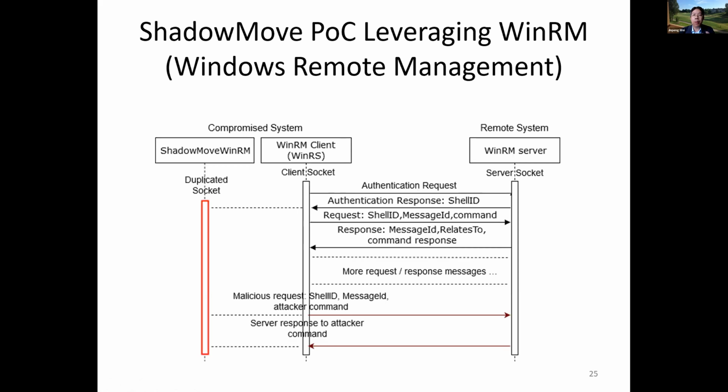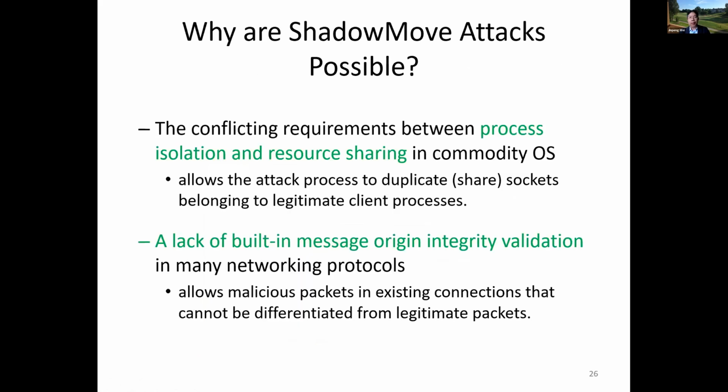protocol that we implemented. Okay, so let's talk about the evaluation, right? How effective is this, and also, more fundamentally, why ShadowMove attacks are possible. So we think there are two fundamental reasons for this. First one is the conflicting requirements between process isolation and resource sharing in a modern operating system.